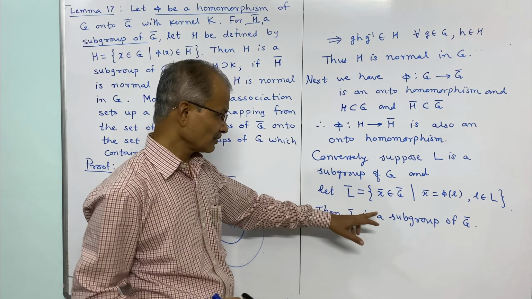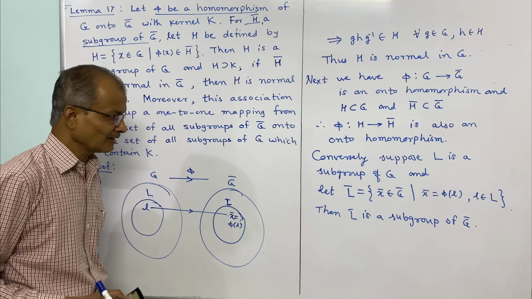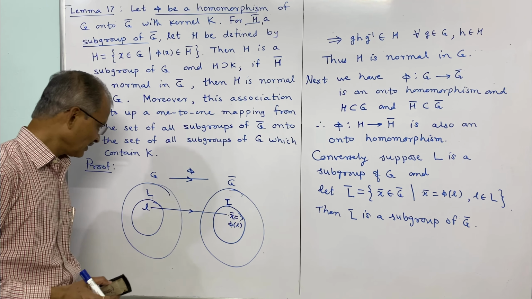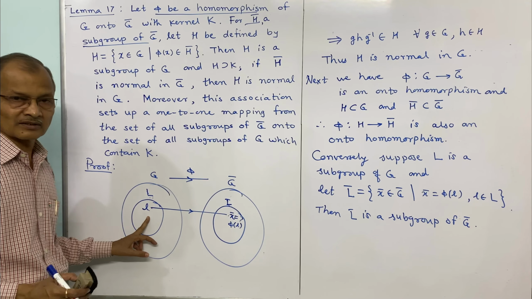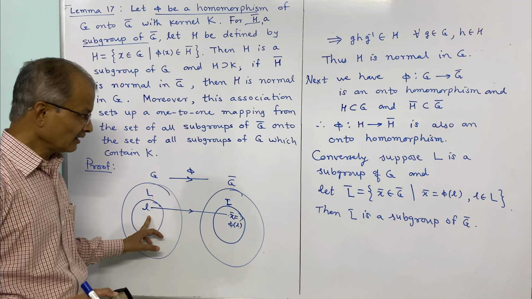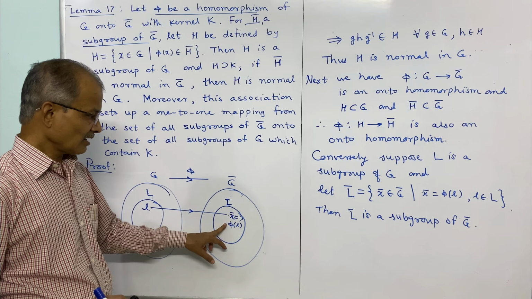It is non-empty, because L is a subgroup, so the identity element e is certainly there, and its image e bar is in L bar by definition.